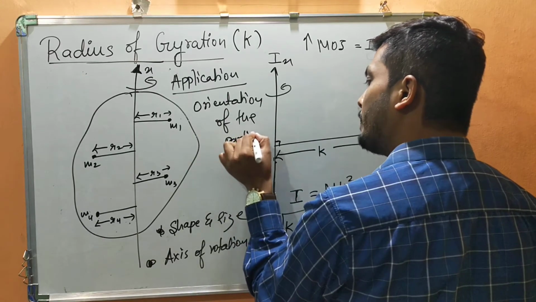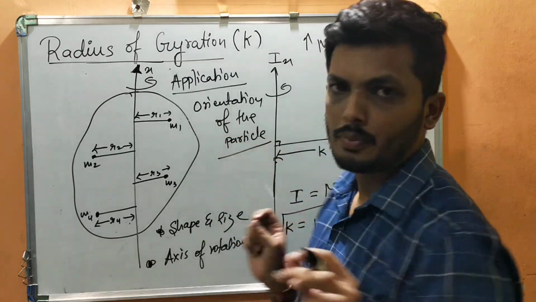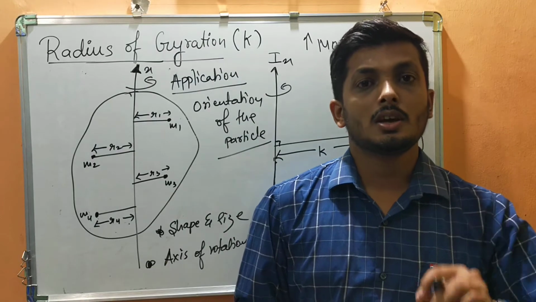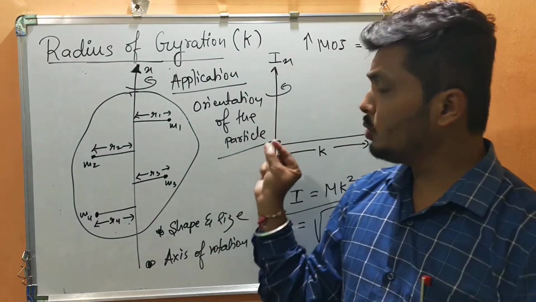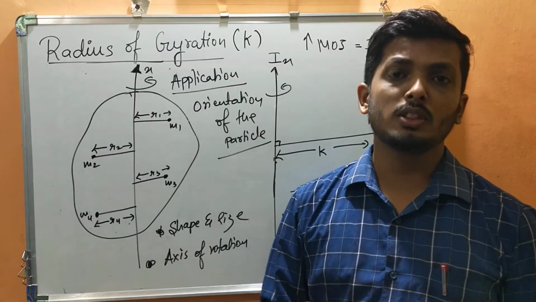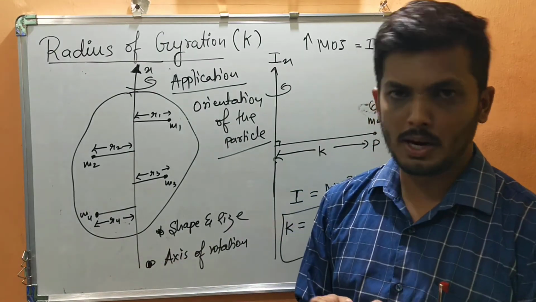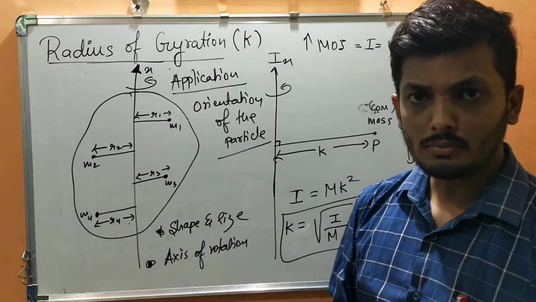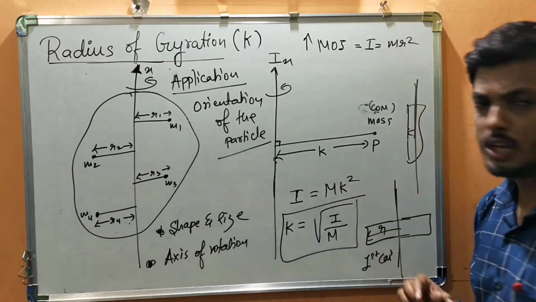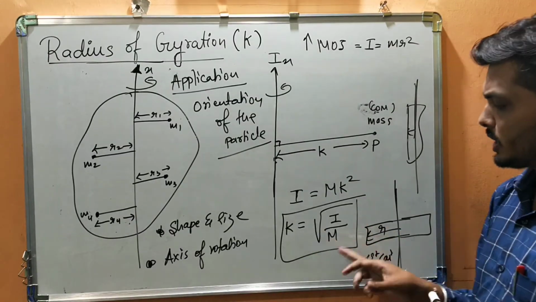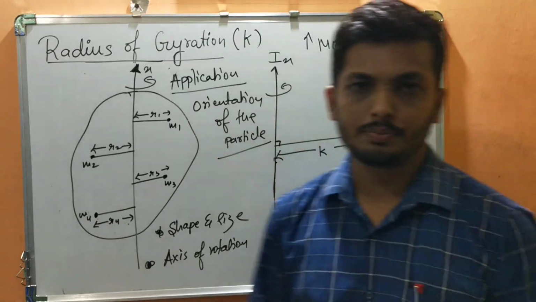Remember this. Just by looking at the orientation of the particles, you are nowhere concerned about the mass. Just look at the orientation of the particles and you will come to know the radius of gyration. And once you know the radius of gyration, you can easily calculate I also.